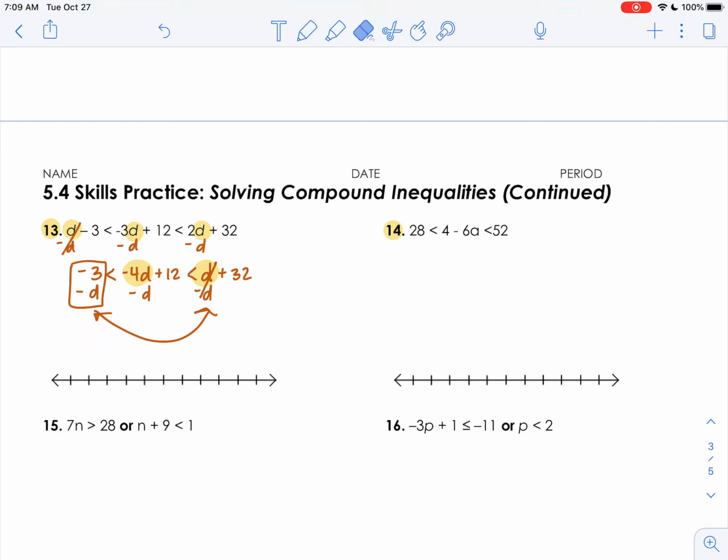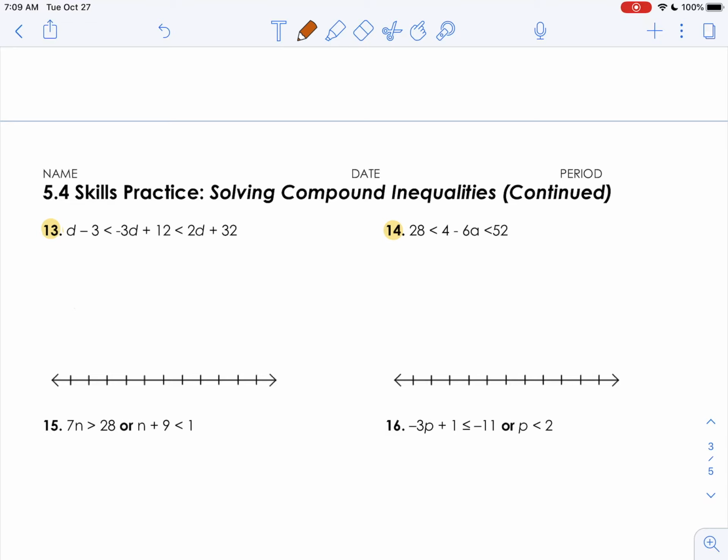So this is an example where we actually do have to split the inequality to be able to solve it, because I'm never going to be able to get the d's all together in the middle, keeping it as is. So I'm going to back up to the beginning. And I'm going to show you how to split. You can solve all inequalities this way, but I'm just going to demonstrate for this one.